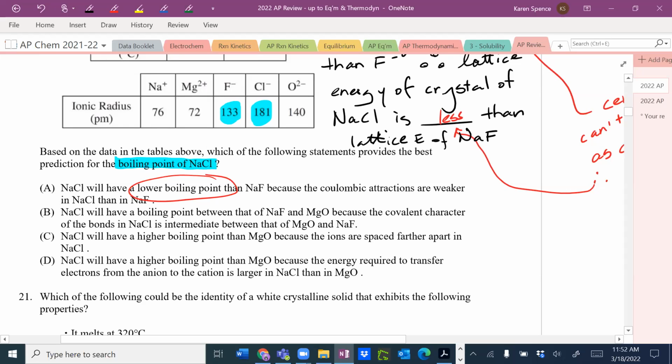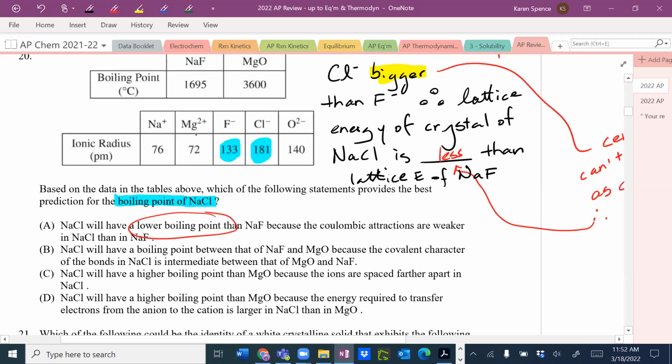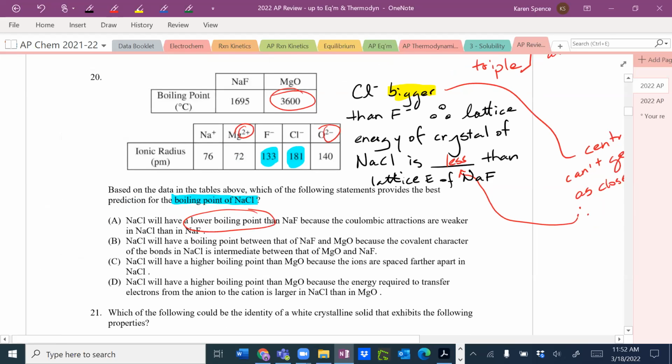NaCl will have a boiling point between that of NaF and MgO. Now, Mg has a larger charge and O has a larger charge. And so it's going to have a larger lattice energy. And so NaCl won't be between the two, because both NaF and MgO are going to have a larger lattice energy.